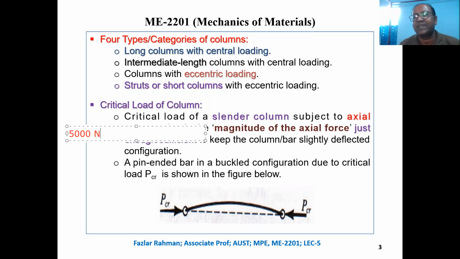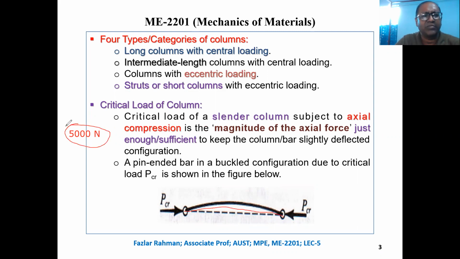That means this is the maximum amount of load you can apply on that column. It will not fail, but it will buckle a little bit. So this 5,000 Newton is the P critical.